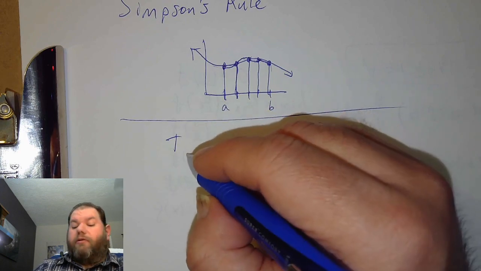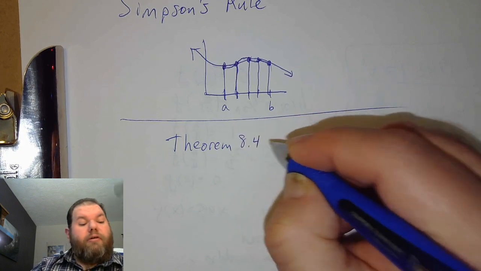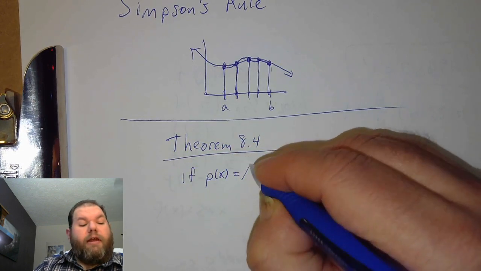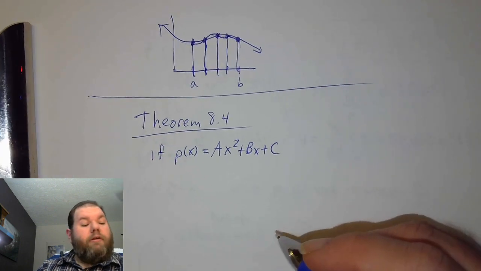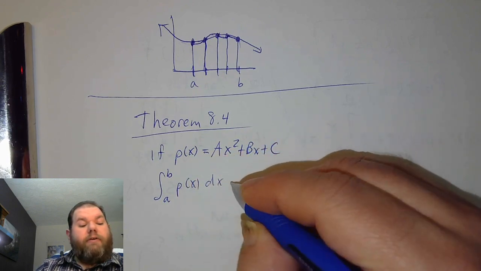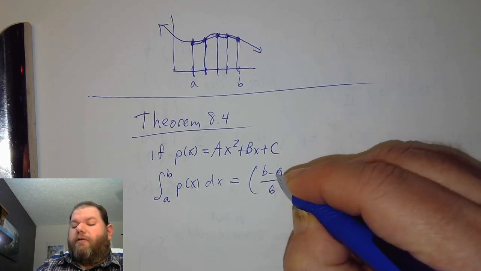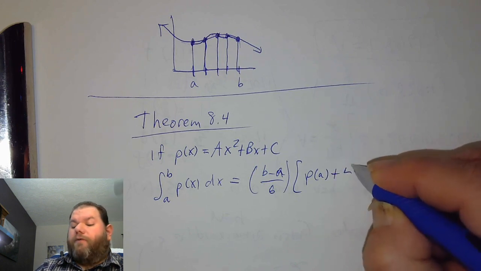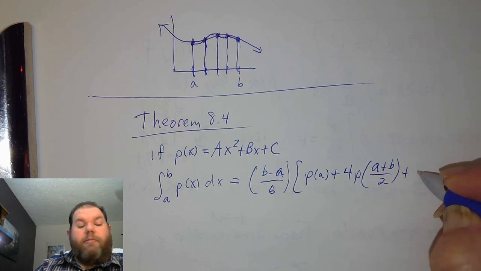This is theorem 8.4, which says if p of x is equal to ax squared plus bx plus c, then the integral from a to b of p of x dx is equal to b minus a over 6 times p of a plus 4 times p of (a plus b) over 2 plus p of b.